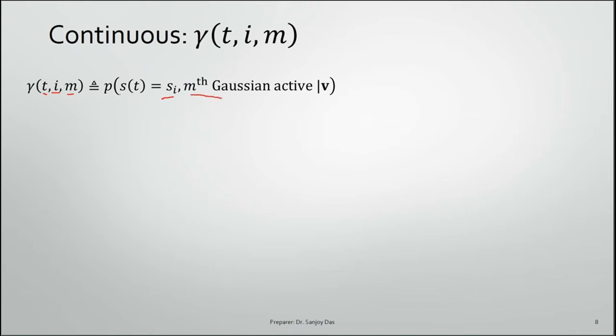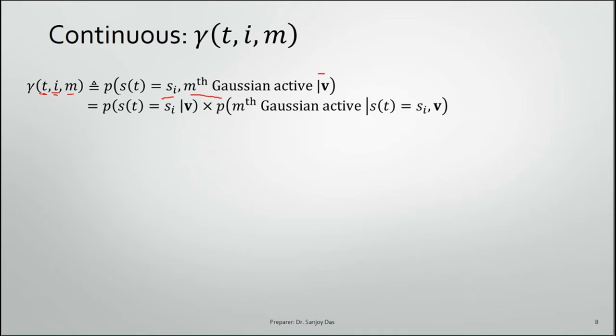So the mth Gaussian is active when the state is S_i, and that's at time t given the output sequence V. Now, this probability of S_t equals S_i and the mth Gaussian being active given V can be factored as follows. So this is the probability of S_t equals S_i given V times the probability of the mth Gaussian being active given S_t equals S_i, comma, V.